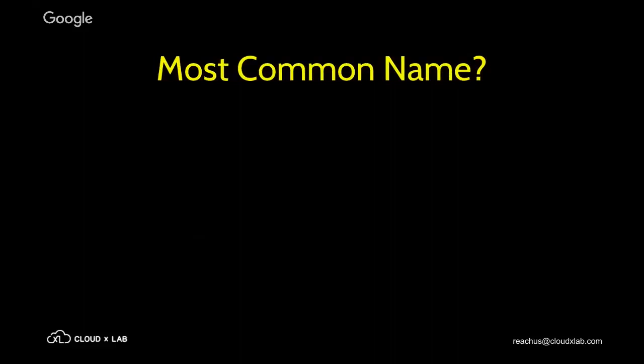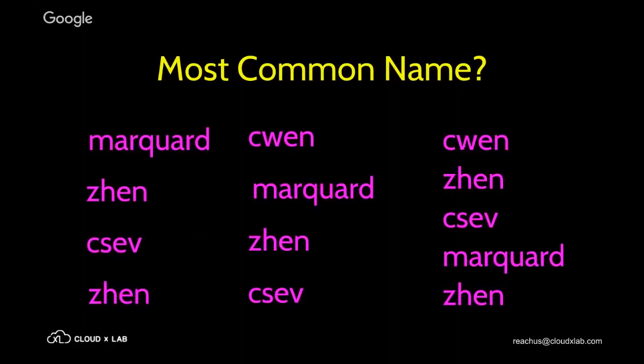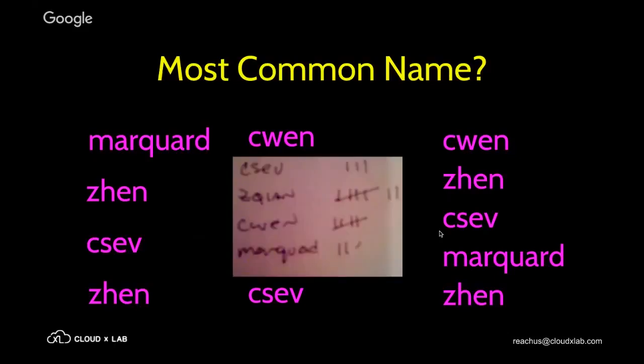So we have to keep the count. We have to start counting that CSAV has occurred so many times, and this has occurred so many times, and so on. And then we find out which one has the maximum frequency.